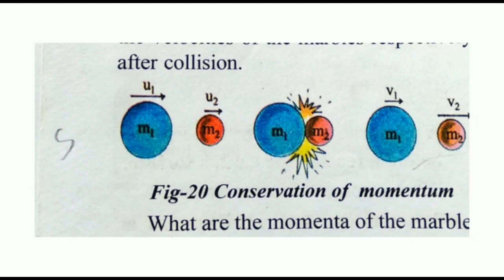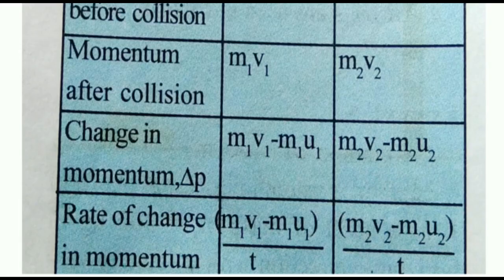What are the momenta of the marbles before and after collision? Let us find out from the table. All of you see the table here. It gives momentum before collision, momentum after collision, change in momentum, and rate of change of momentum, delta P by delta T. For marble 1, momentum before collision is m1u1.